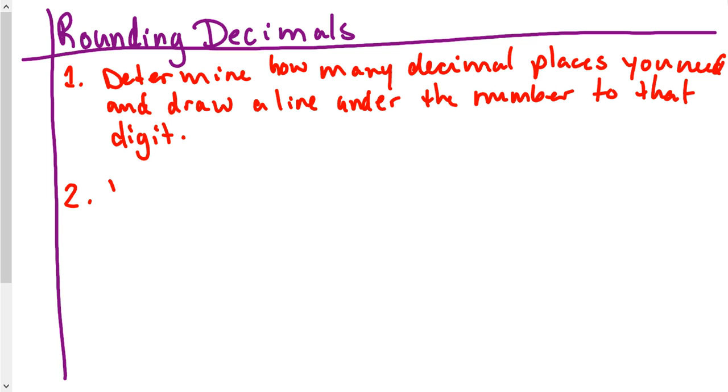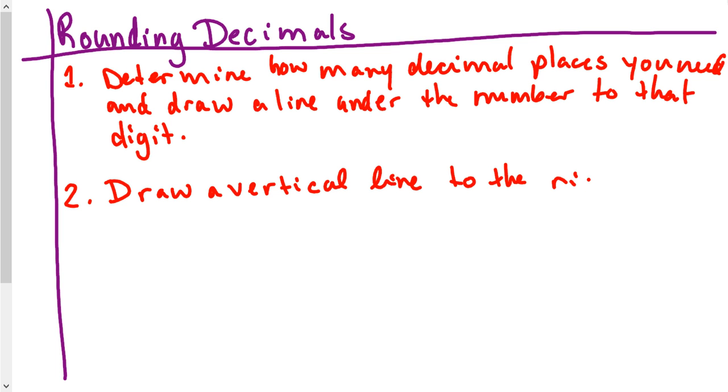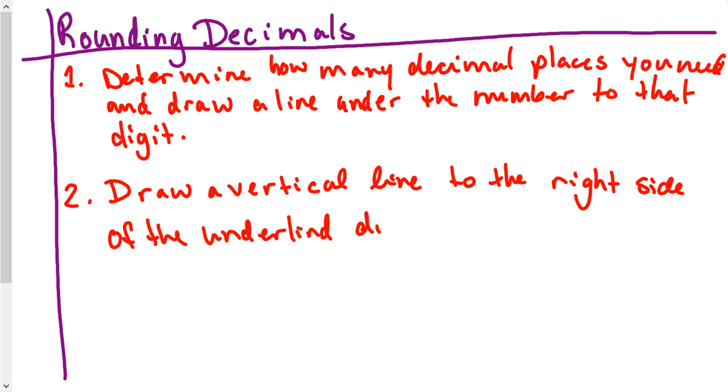Two, draw a vertical line to the right side of the underlined digit.